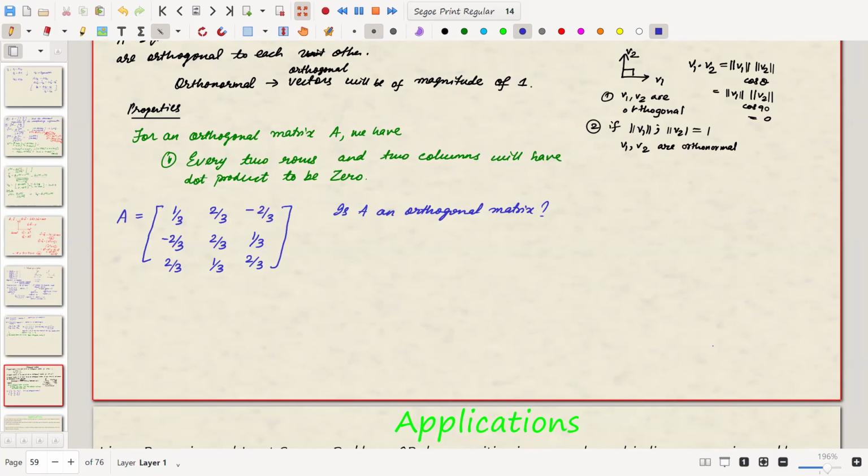These are all the combinations you can take. Convince yourself that column 1 dot column 2, column 1 dot column 3, column 2 dot column 3, any two rows or any two columns you can take and check what you are getting. Can you try other cases, not just one? Even eyes tell you, but still.